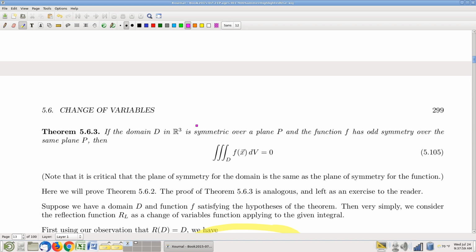And no surprises, lots of things are highly symmetric. And so these opportunities arise very routinely. And being able to just say, 0 by symmetry, big time saver. Huge. I think these symmetry theorems are among the least appreciated integration techniques that I'm aware of. They may be the least appreciated.